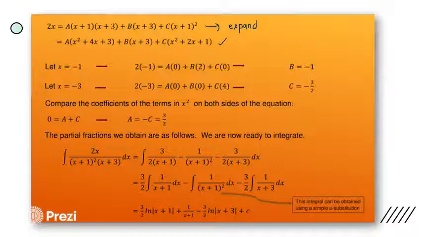So we use the substitutions x equals negative 1 and x equals negative 3, based on the denominator part of the original function, x plus 1 squared times x plus 3.